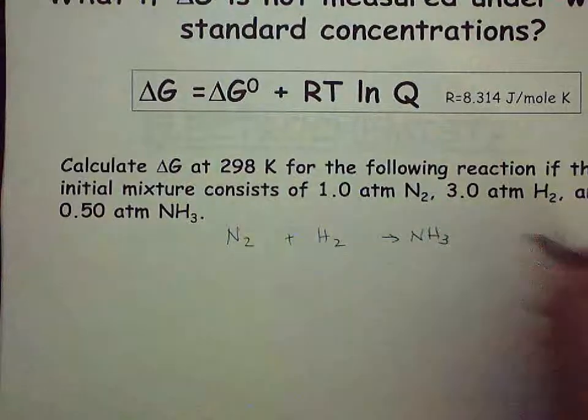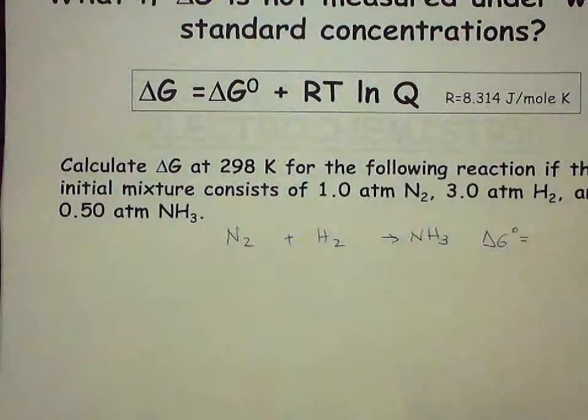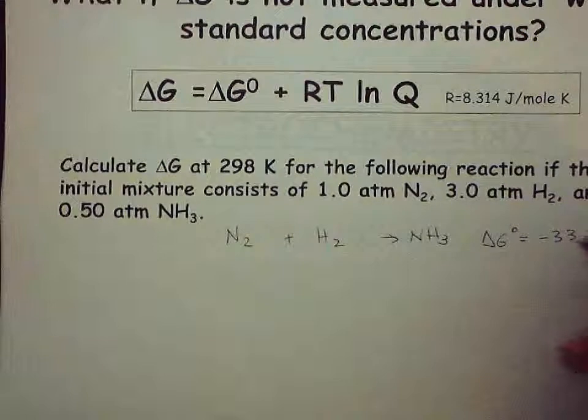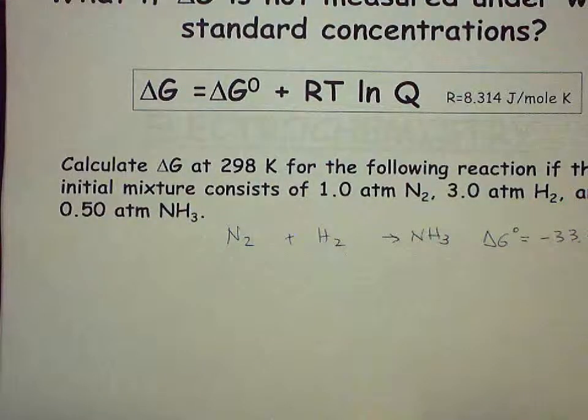And we just calculated from the back of the book the standard Gibbs free energy if we had used 1 atmosphere of each thing in order to measure this reaction, right? And we figured out that delta G naught was negative 33.32 kilojoules.